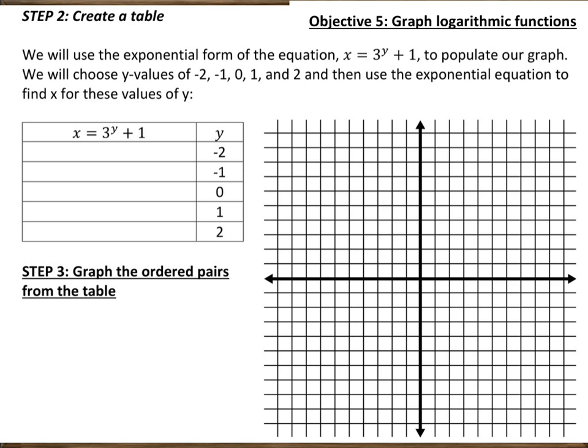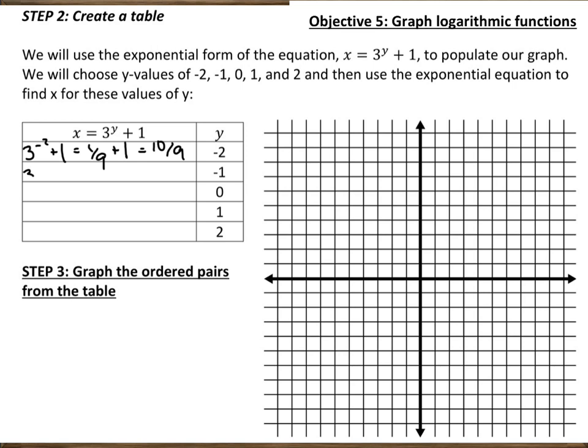So let's get started. Again, I've already chosen my y values here: -2, -1, 0, 1, 2. So let's get cracking. This x value is 3 to the negative second power plus 1. Well, that's 1/9 plus 1, so that's 10 over 9.